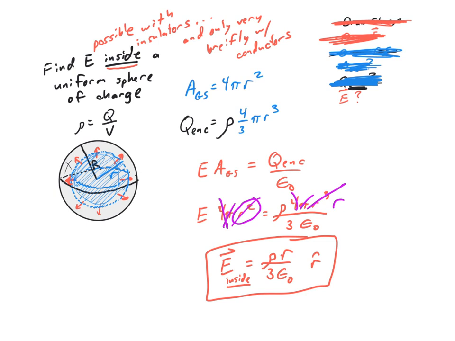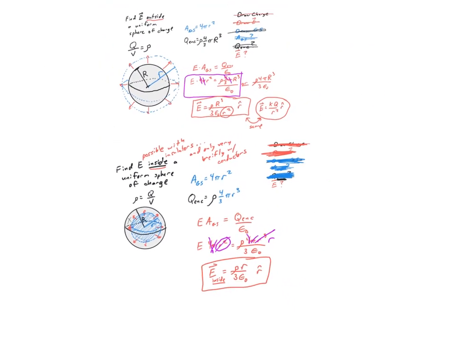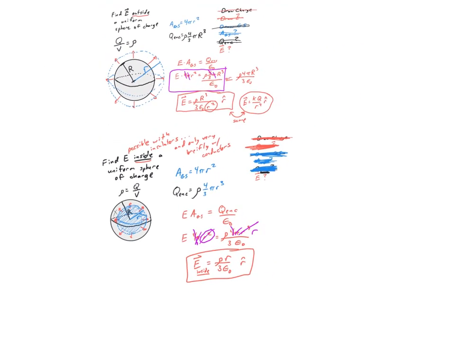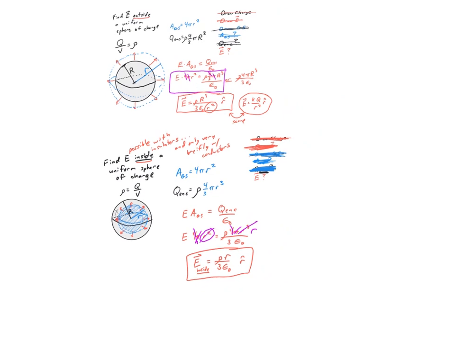Because that electric field inside is going to push that excess charge to the surface for a conductor. For an insulator, they're stuck in place. So there we go. Electric field outside, the electric field inside.